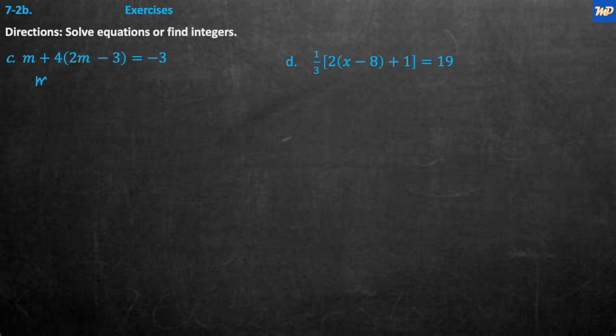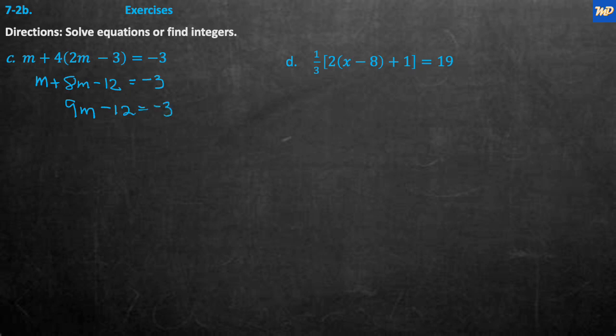So I'm going to have m plus 4 times 2m is 8m minus 3 times 4 is 12, minus 12 is equal to minus 3. So we're going to undo the addition. We have 1m and 8m, 9m, minus 12 equals minus 3.